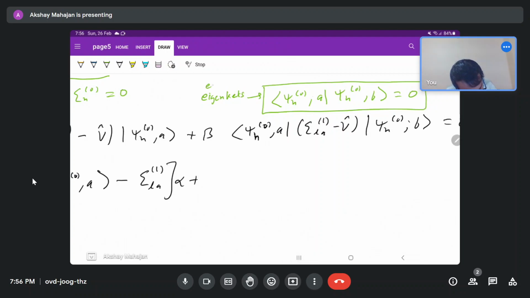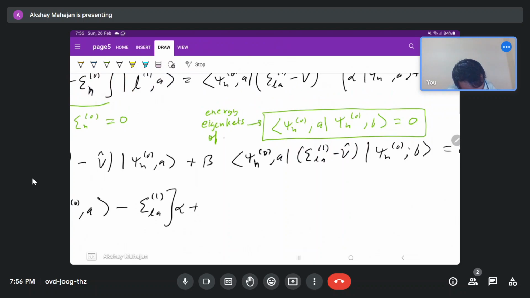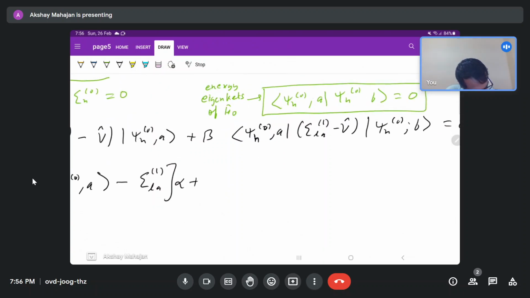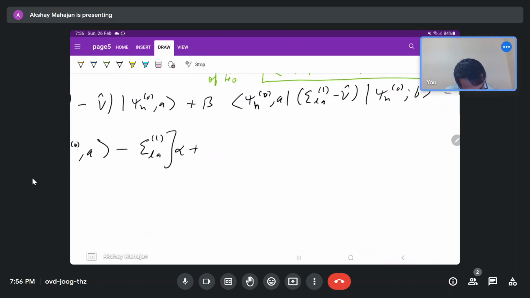These are energy eigenkets of H cap naught, so although they are degenerate, they will be orthonormal.